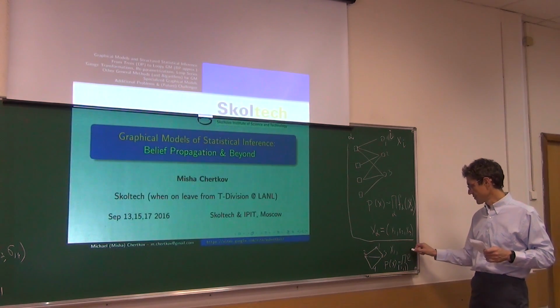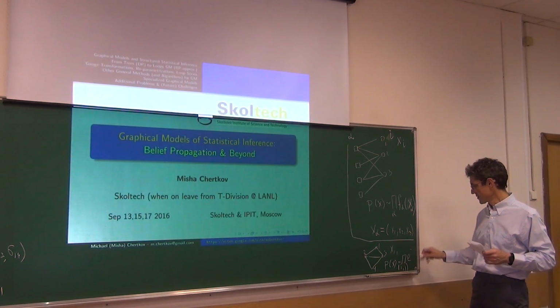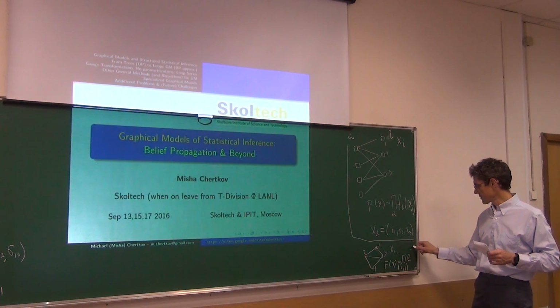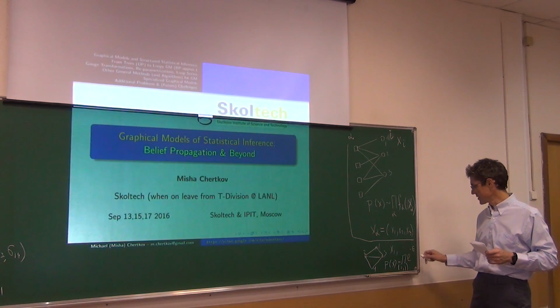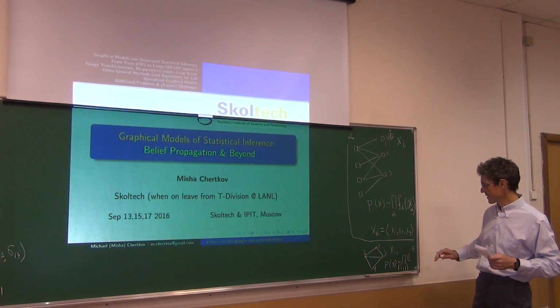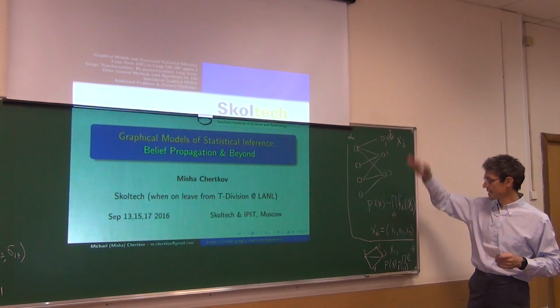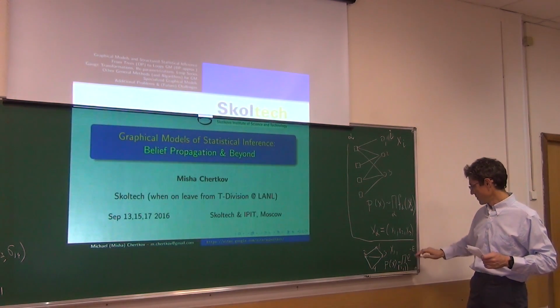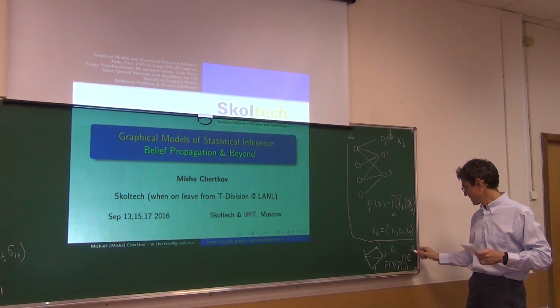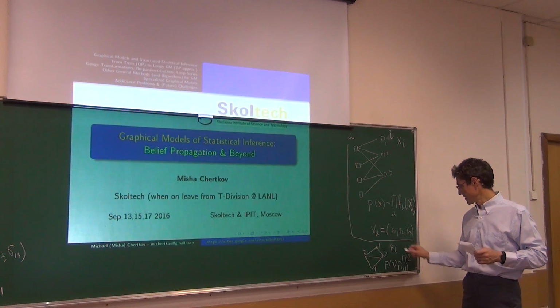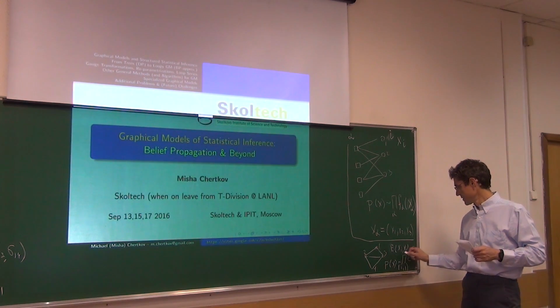One particularly useful form, normally used in physics, is when we put these factors in a particular format: exponent of minus what we call energy. The energy will depend in this case on x_i, x_j.